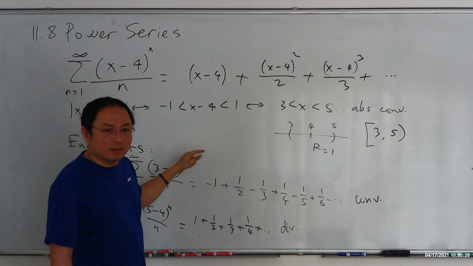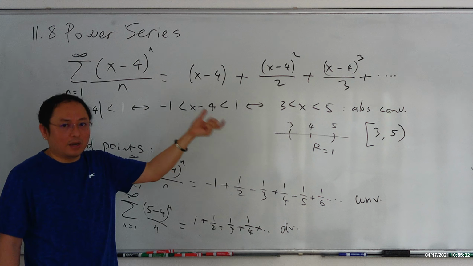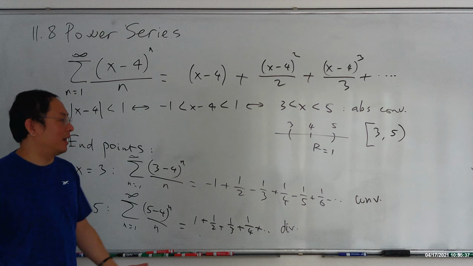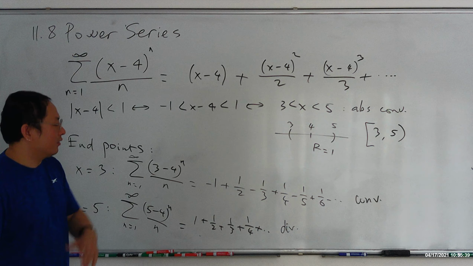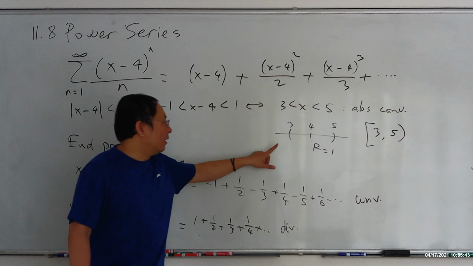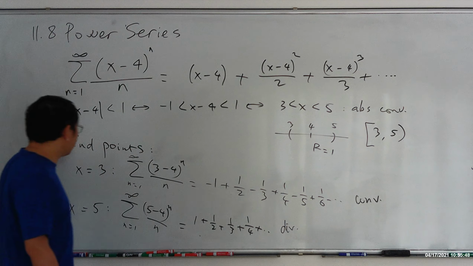You take the limit as n goes to infinity, and then you set the limit less than 1. You set the limit equal to 1. Of course, if it's bigger than 1, the series is divergent already. We do less than 1, we do equal to 1, and the rest will be greater than 1. Okay? We solve the limit, we find the interval of convergence, we find the radius of convergence, and after that, don't forget to test the endpoints.